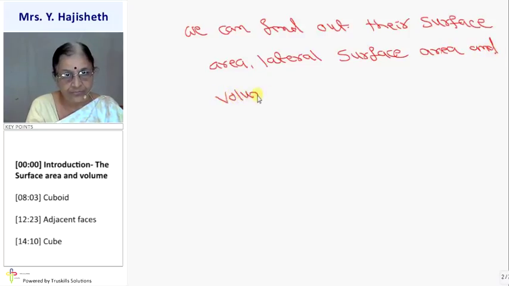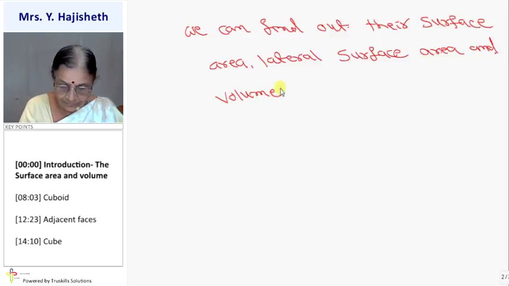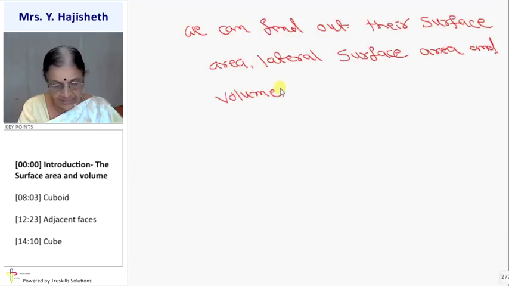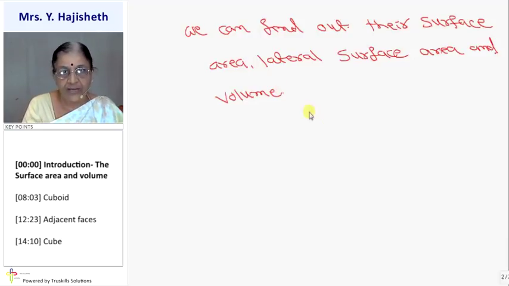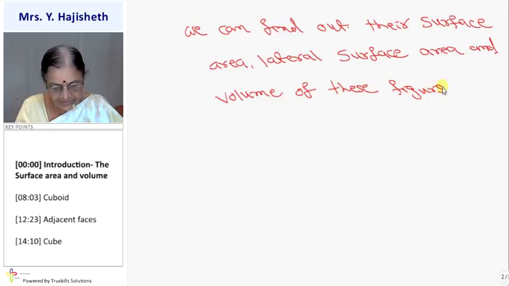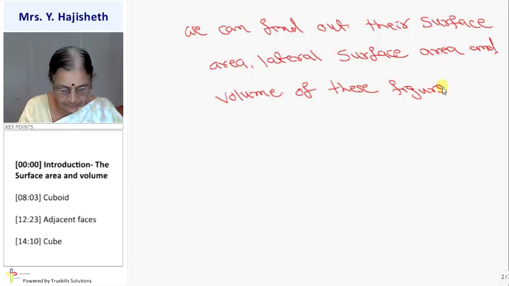That is called volume. For solid figures we can find 3 things: surface area, lateral surface area and volume.